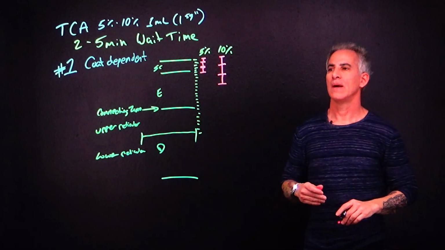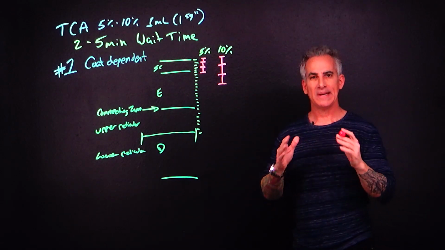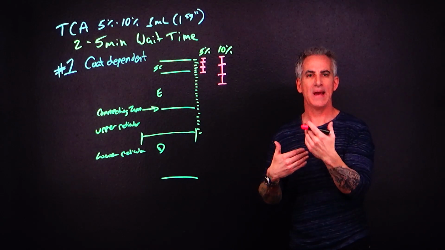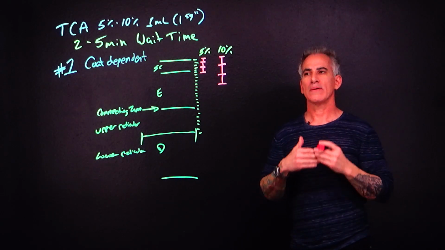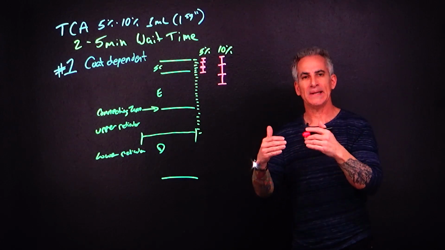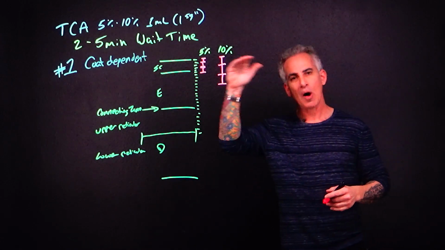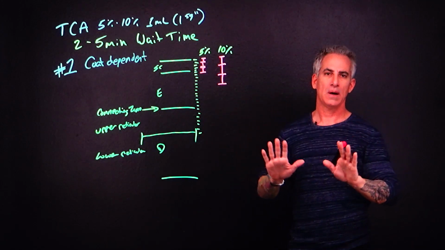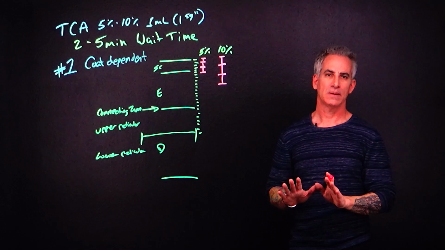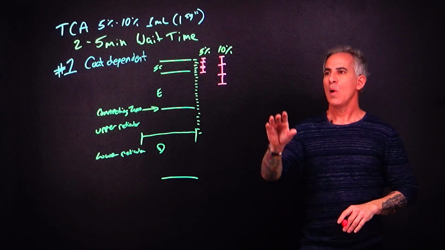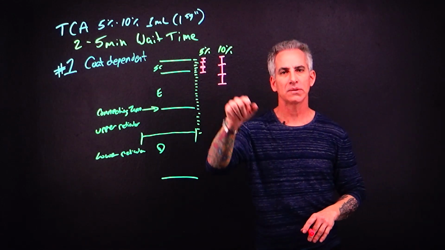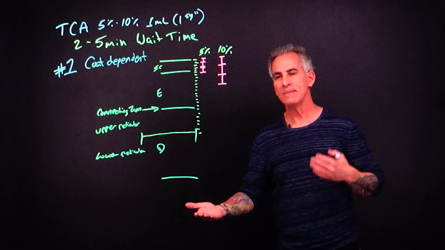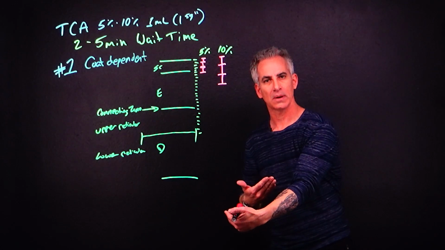What is happening is, as you are applying the trichloroacetic acid, you are very, very in tune with the volume that you are applying and the evenness of the application. Okay? When you apply the first coat, you are also seeing how the client reacts to it. Are they going to be able to handle going deeper?